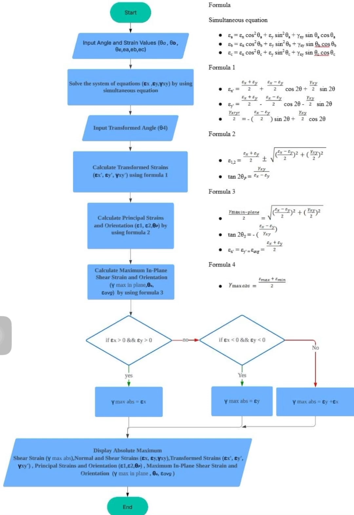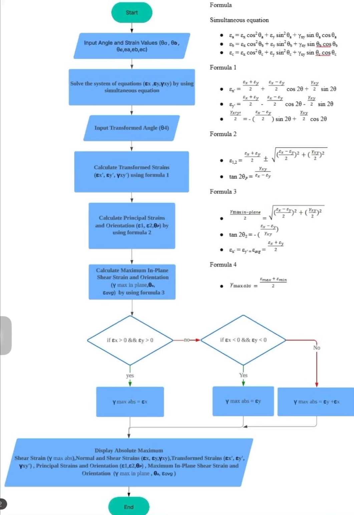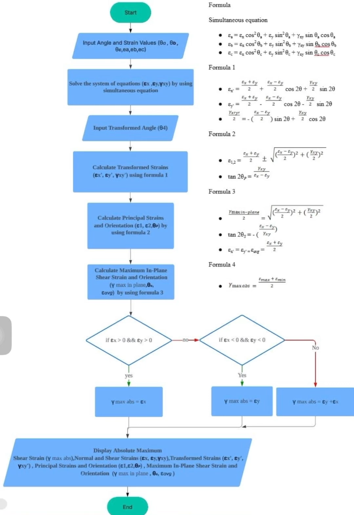They have two options, yes and no. If yes, the result will come out as gamma maximum absolute equal to epsilon y, and then go to the next stage, which is the same as the first option: display the absolute maximum shear strain, normal strain, transform strain, principal strain and orientation, maximum in-plane shear strain and orientation, and then end.